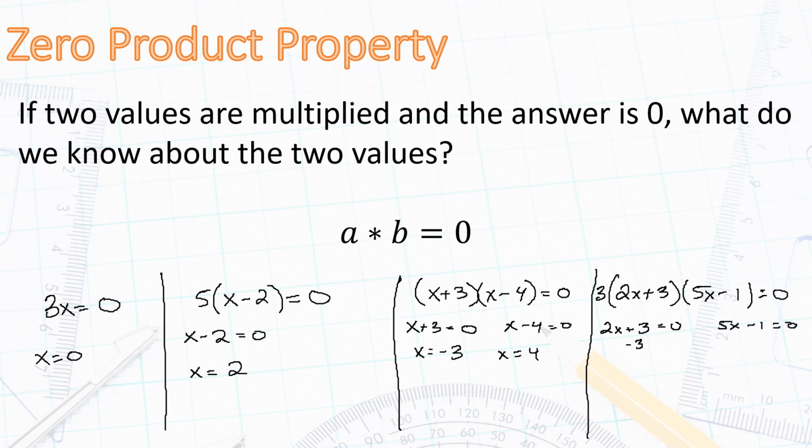So we'd subtract 3 from both sides. 2x is equal to negative 3. Divide by 2. x equals minus 3 over 2. On the other side, add 1 to both sides. 5x equals 1. Divide by 5, x is equal to 1/5. So we are trying to find values for x this time.